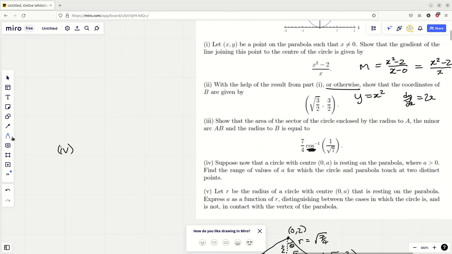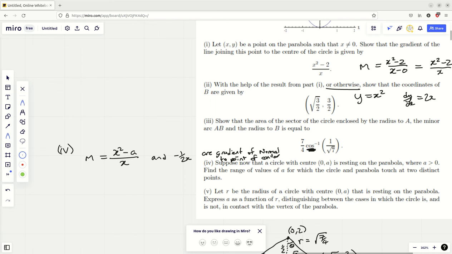Now, we already know, let's do it the same way as we did last time, that x squared minus a over x is the gradient, and minus 1 over 2x is the gradient of the normal, if you like, to the point of contact. Just to show you what I'm talking about there.